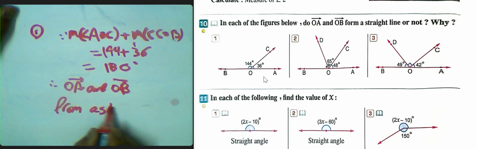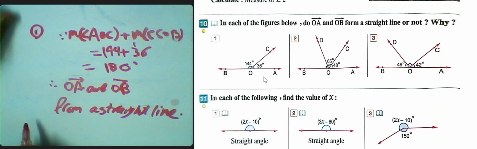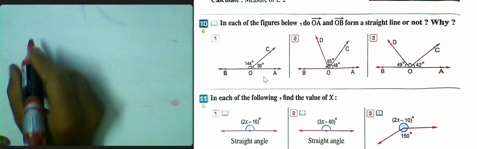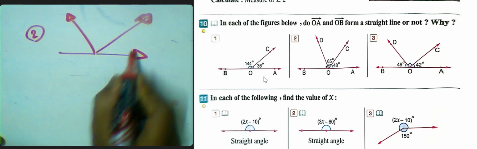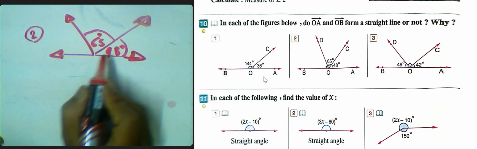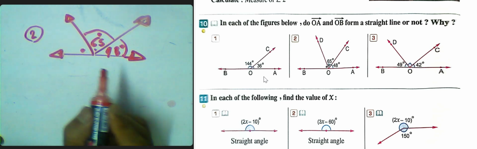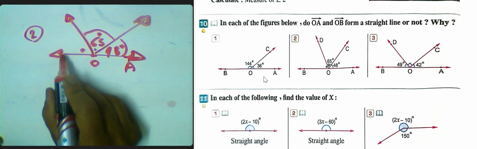Question number 2. We have 65 degrees and 48 degrees. If OA and OB form a straight line, then the measure of the 3 angles should be 180.